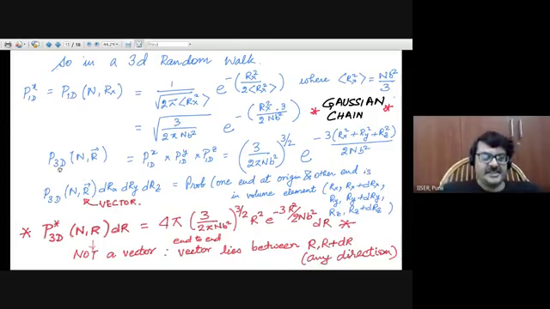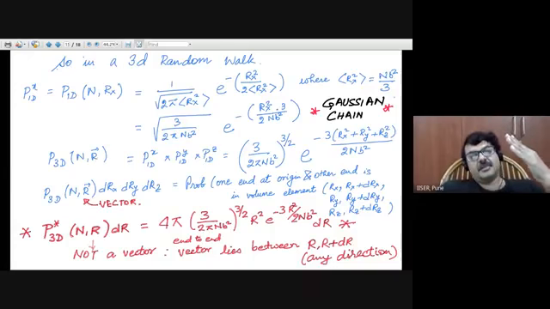Now in 3D, with R vector, for a certain value of Rx, a certain value of Ry, and a certain value of Rz, such that the end-to-end vector ends between Rx and Rx plus dRx, Ry and Ry plus dRy, and so on and so forth, would basically be the product of the three, right?